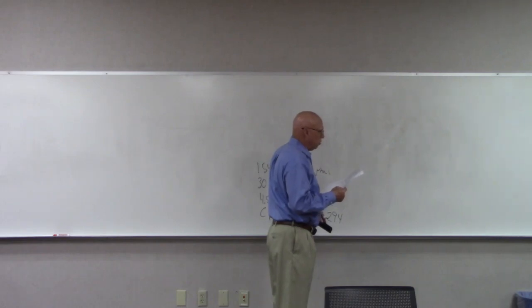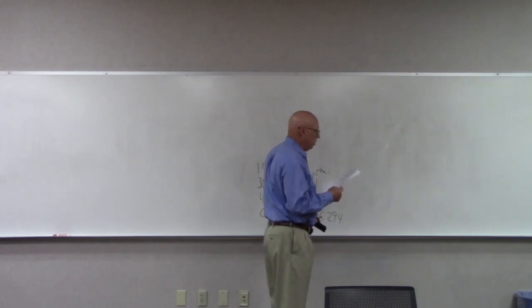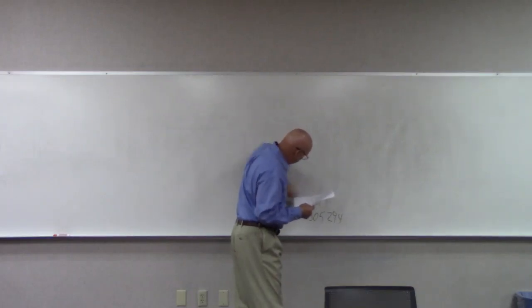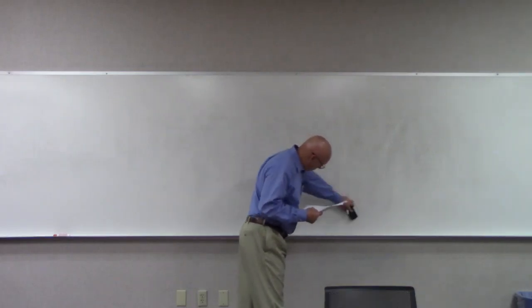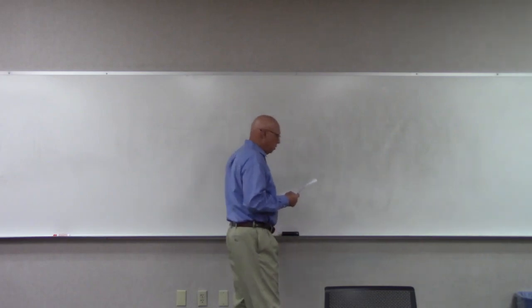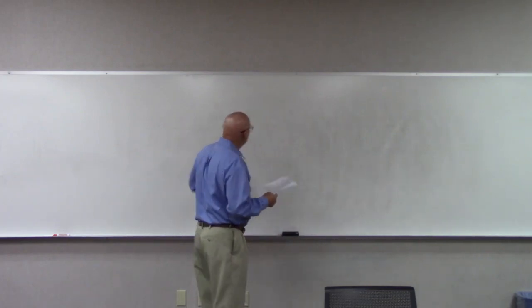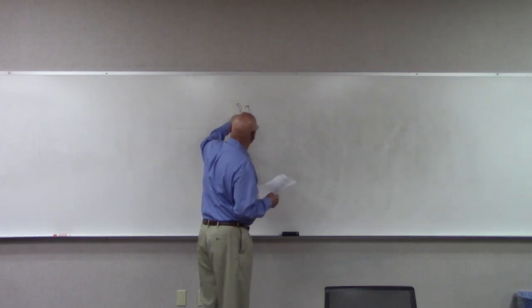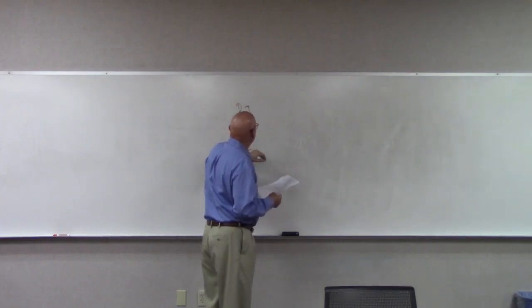Yeah, now we're going to do 12 through 15. Now we're going to do the amortization table for 2 months. So the payment number, 1 and 2.